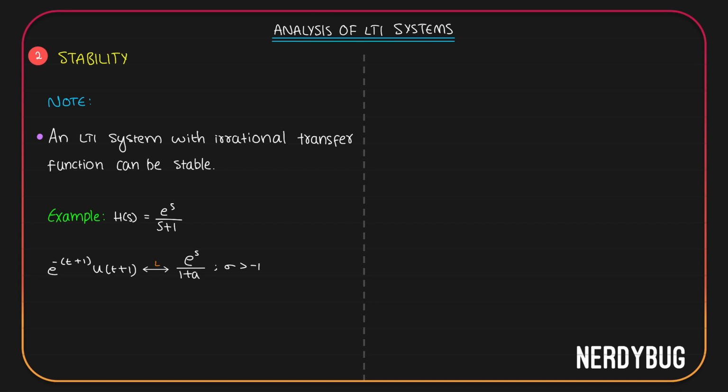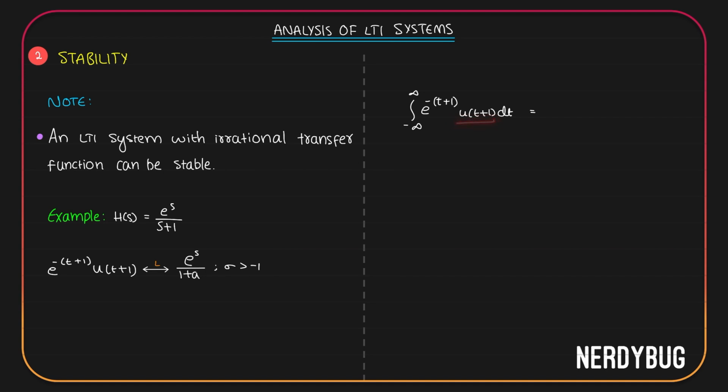The condition for a system to be stable is that its h of t should be absolutely integrable. If we take the integral from minus infinity to infinity of e raised to minus of t plus 1, u of t plus 1 dt, u of t plus 1 is 0 from minus infinity to -1 and it is 1 from -1 to infinity.